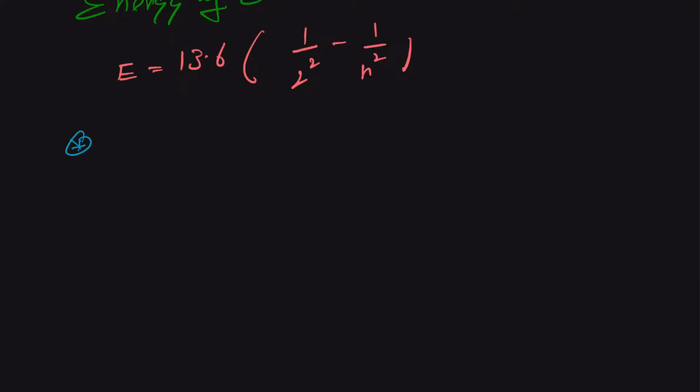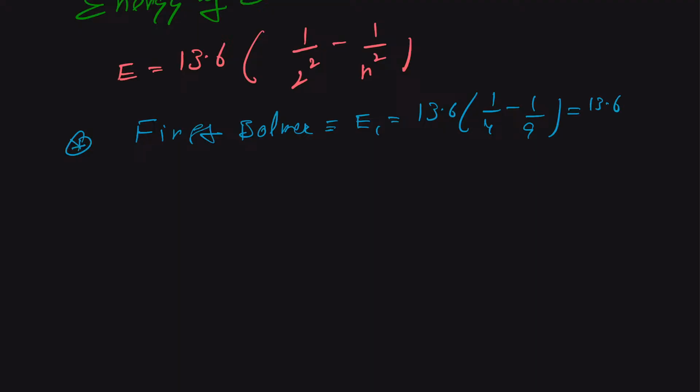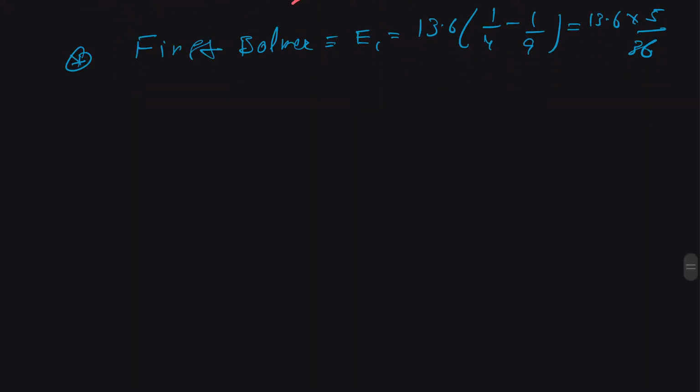You can say that our first Balmer, let us call this E1, will be equal to 13.6, and this comes as 4, and the lower one is 2, upper one is 3, so this comes at 9, giving us 13.6 multiplied by 5 on 36, and then it is our second Balmer.